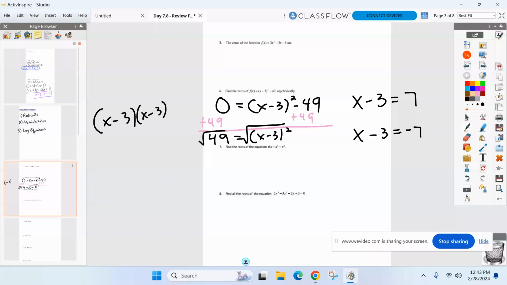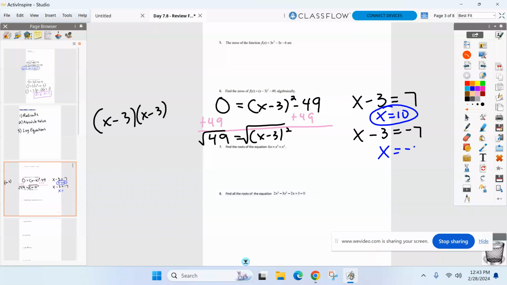All right. Finish this off here. Add 3 over. I get x equal to 10. And then add 3 over here. I'm going to get x equal to negative 10 plus 3, negative 4.